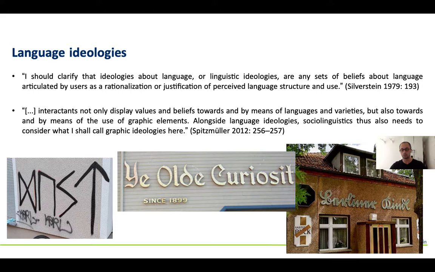Because nobody uses it anymore, or not really. And if yes, then only in private, say on postcards, for example. An older person might use that on postcards to another older person, but you would not have it on a newly opened cafe.